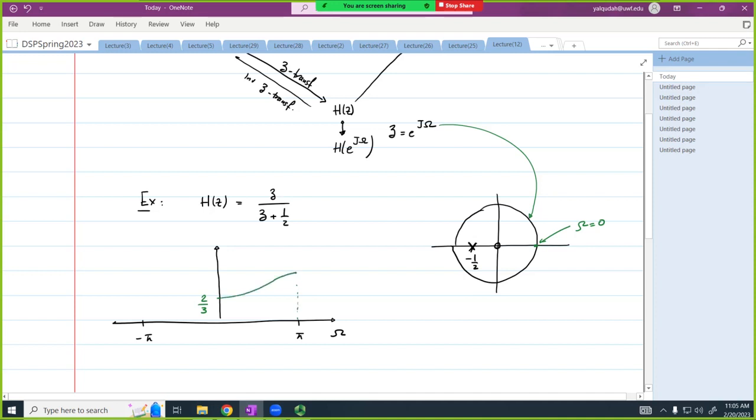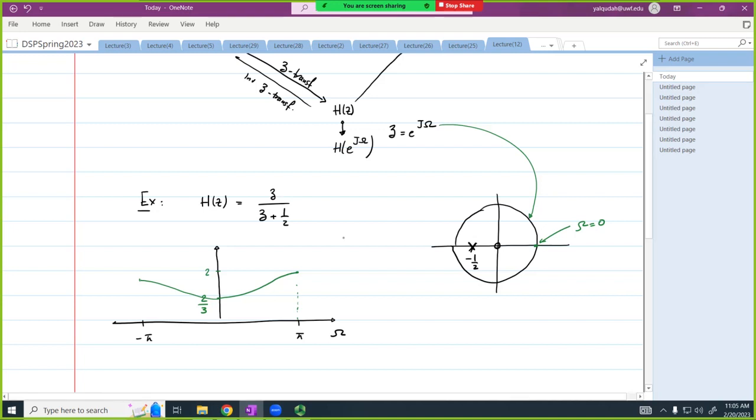So when I am at pi, I'm going to have a value that is going to equal 2, which is, if I'm here, the distance to the zero is 1 divided by 1/2, which is going to equal 2. And therefore, if I look at this filter, what does this filter look like?